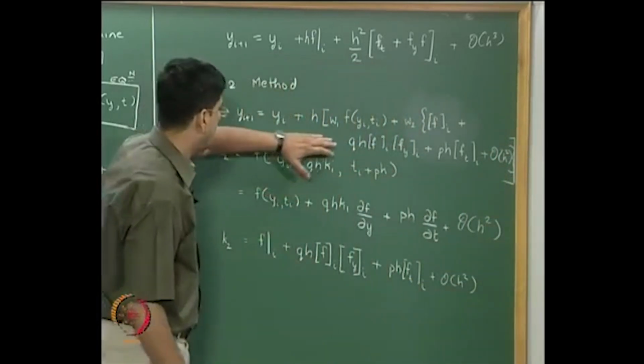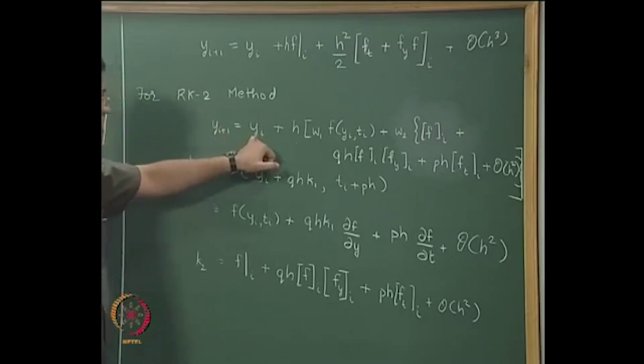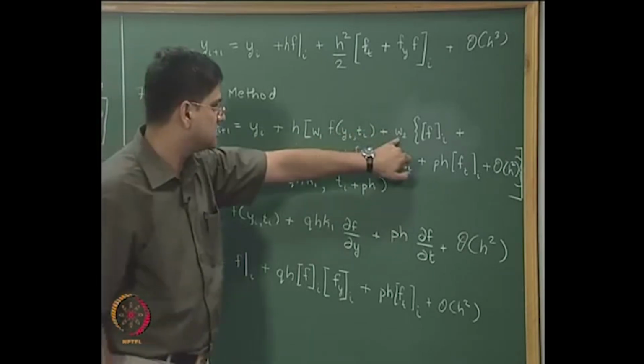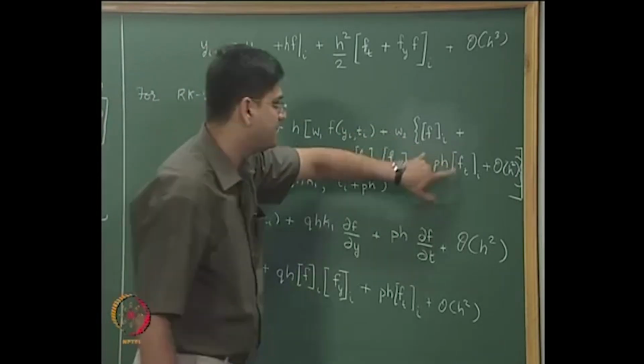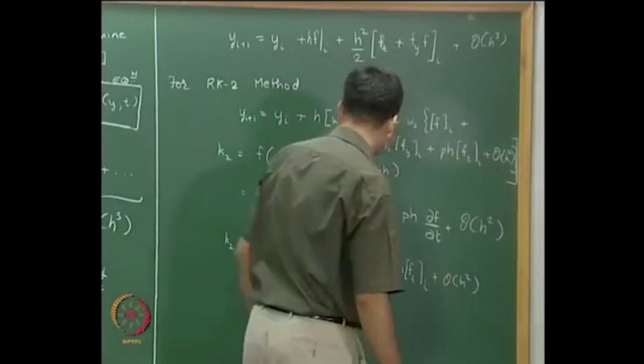Okay, so this is what we will get for the RK2 method as y_i plus h multiplied by the first slope plus w2 multiplied by the second slope. In the second slope again we have used the Taylor series expansion.